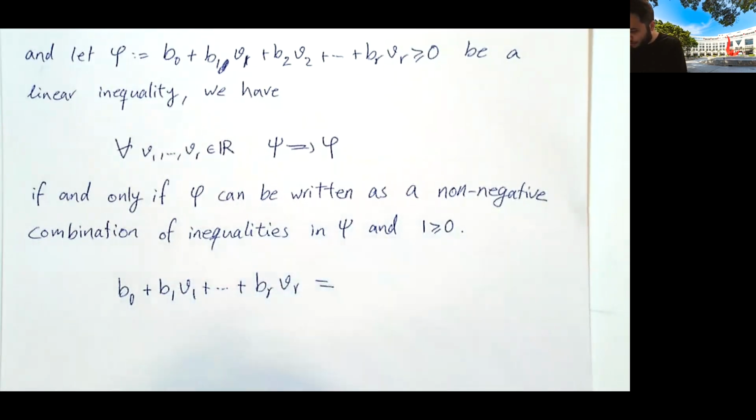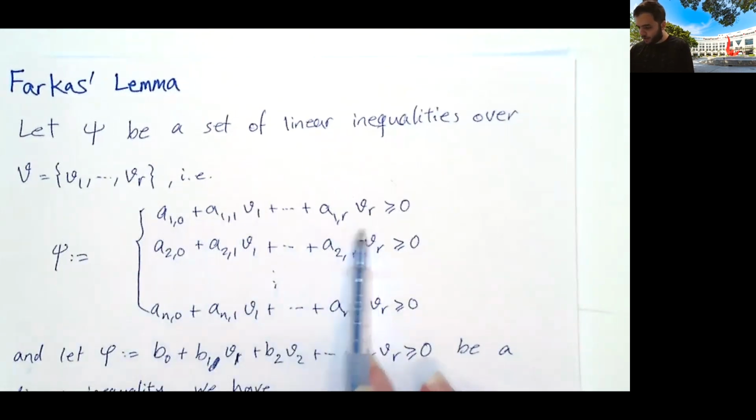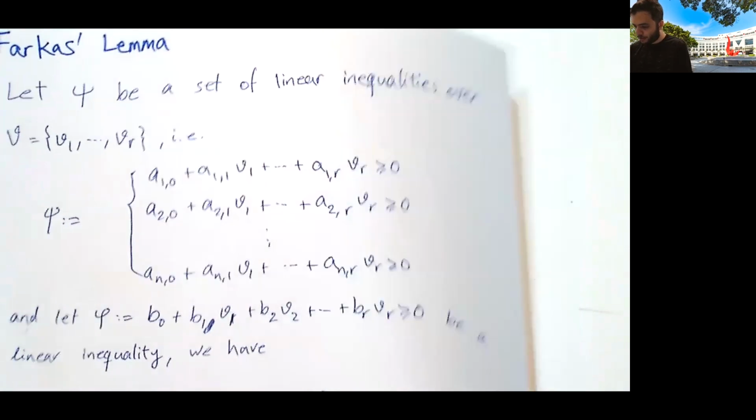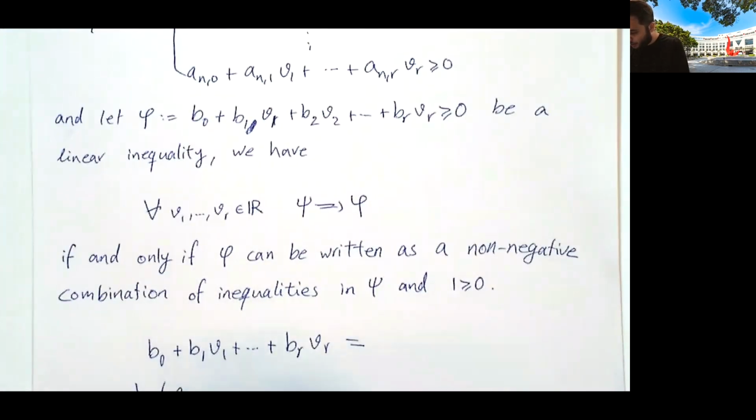And this should be equal to, well, some constant, let's call it lambda 1, times the first inequality here. So the left-hand side of the first inequality. So lambda 1 times A10 plus A11 V1, so on to A1r Vr, plus lambda 2 times the second inequality, A20 plus A21 V1, so on, A2r Vr.